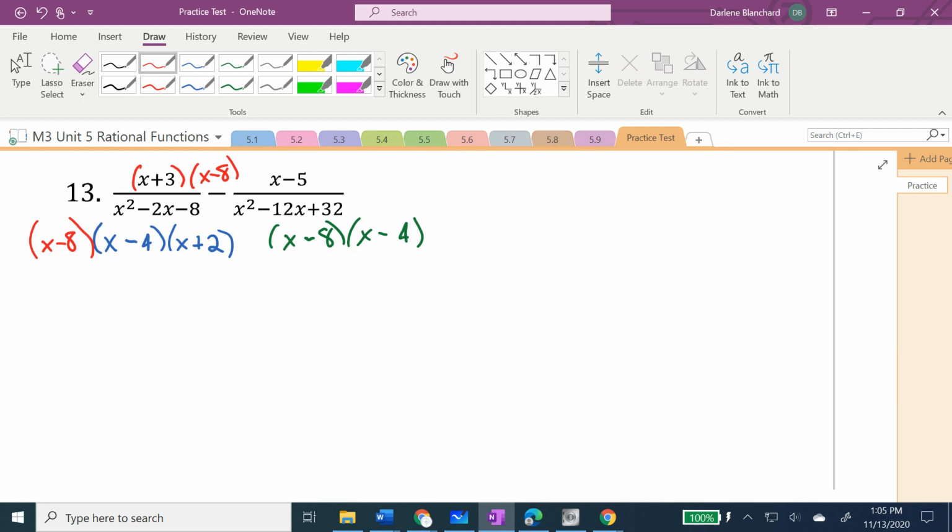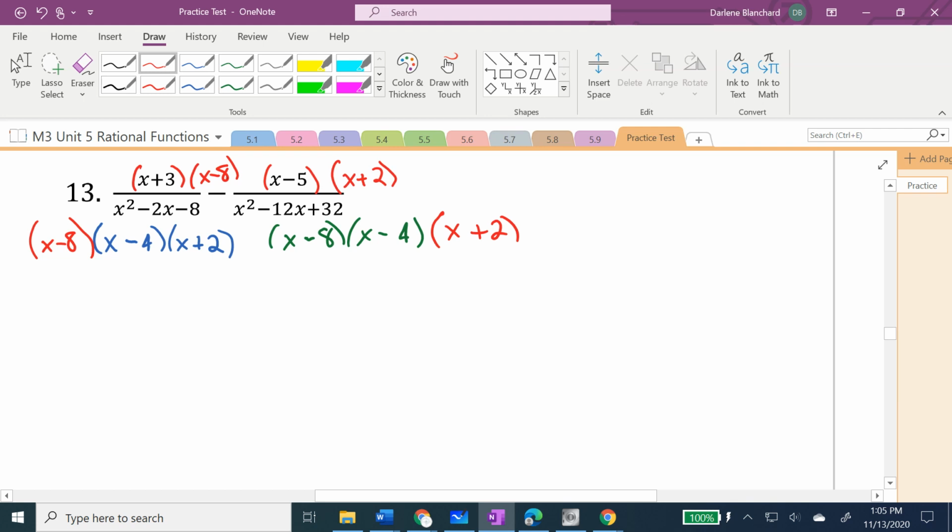Now, the denominator on the right in green looks over at the blue denominator and asks, what does that denominator have that I don't have? And that would be an x plus 2. So I multiply its numerator and its denominator by x plus 2.